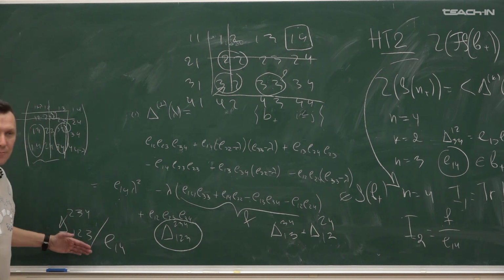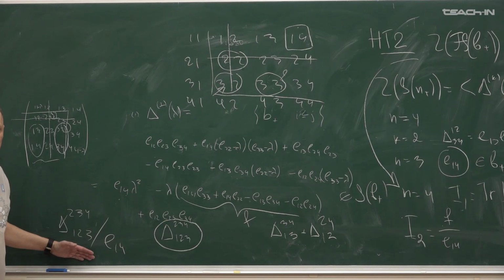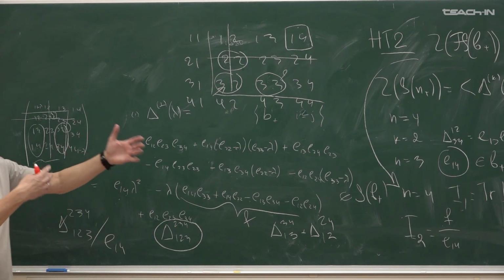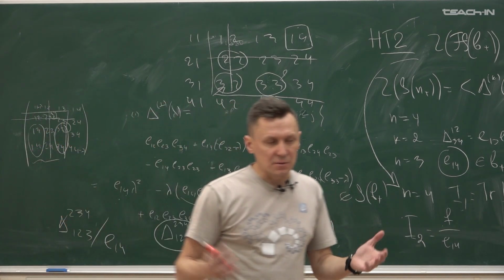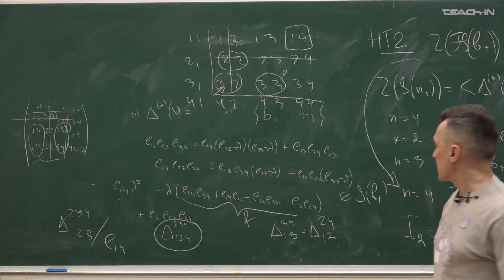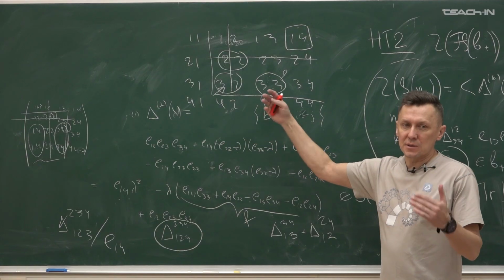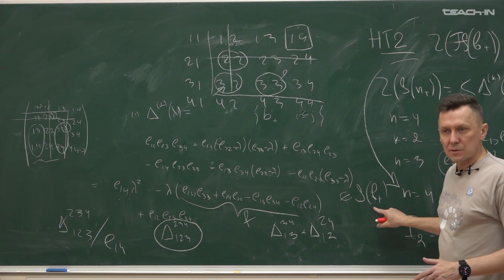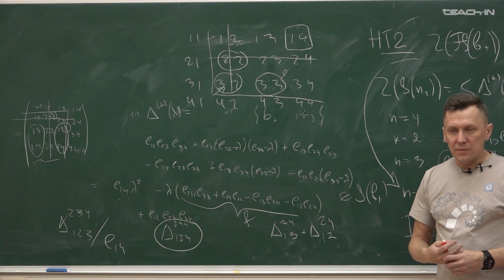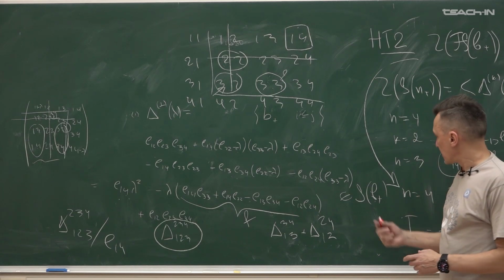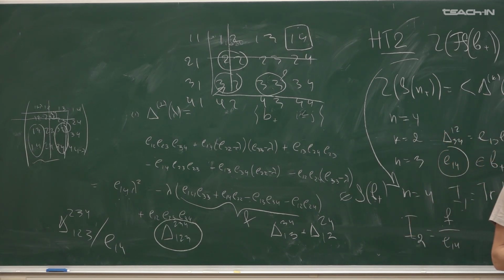But it is not an element of B plus. And after reduction, it produced something non-trivial. But this ratio, it is before reduction. It is an element of this symmetric algebra constructed just from B plus.